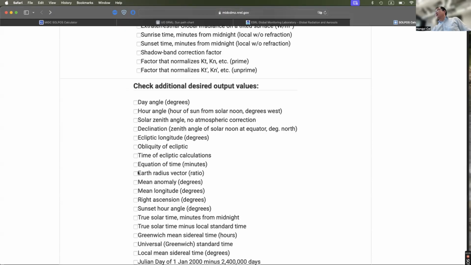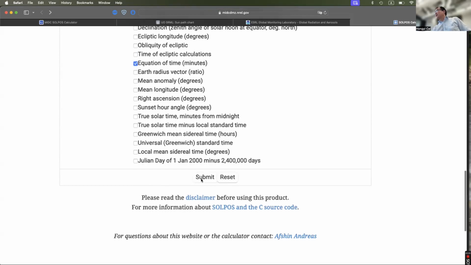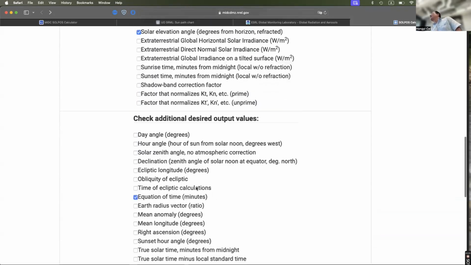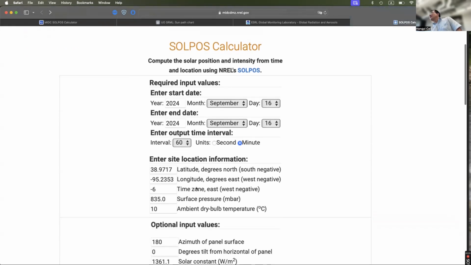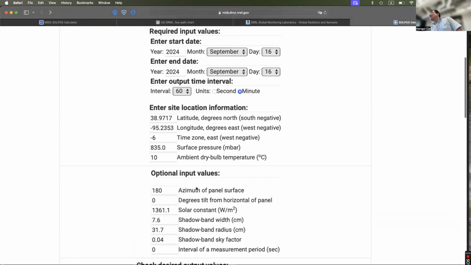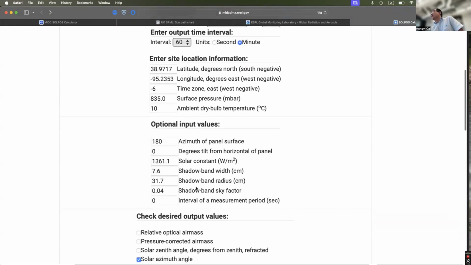Let me actually just check the equation of time, just in case. I don't know what happened. Let me see. Yeah, and then 60 minutes. I think it's correct, right?